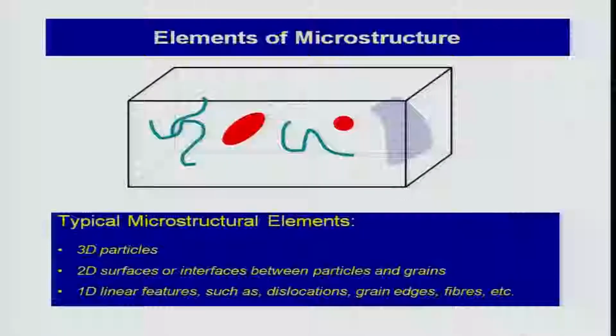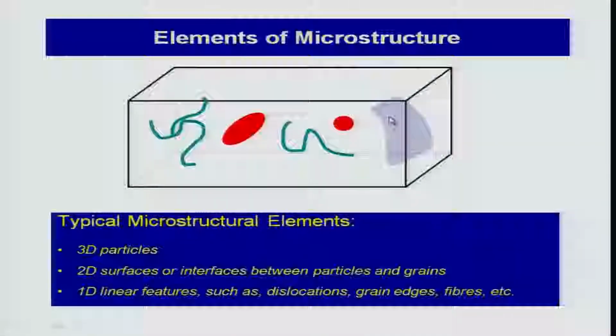Now, before we go into this, let us try to understand what are the elements of a 3-dimensional microstructure. So, if you look at this image of a block of material, it is essentially an abstraction of the kind of geometrical elements that we normally want to estimate. The geometrical elements could be 3-dimensional particles present in the structure of the material. They could be surfaces which are grain boundaries or particle boundaries.